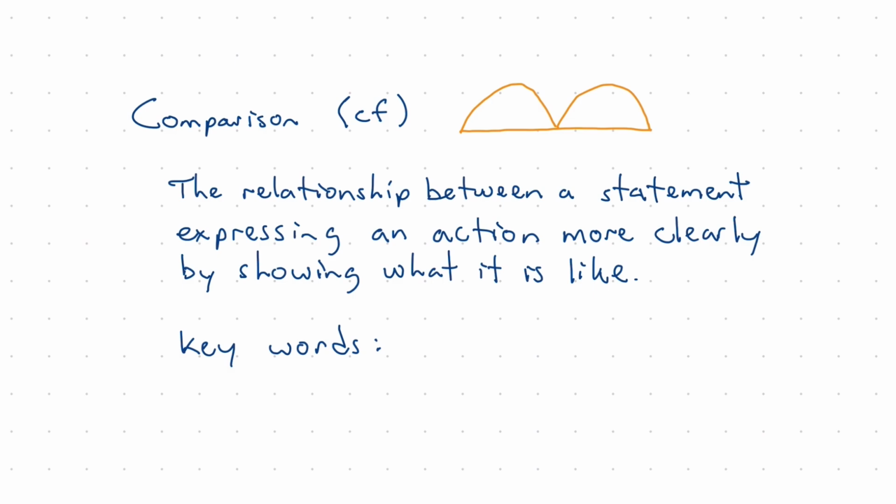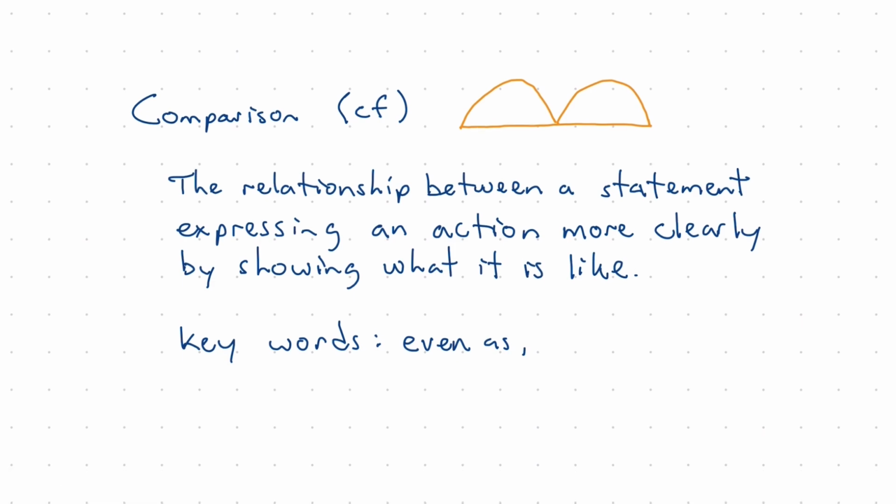And with comparison, you're going to see a few different constructions with keywords. One is "even as." You'll see a construction that is "as... so," where these words are separated in a sentence, but you'll see examples of that when you see that as-so construction.